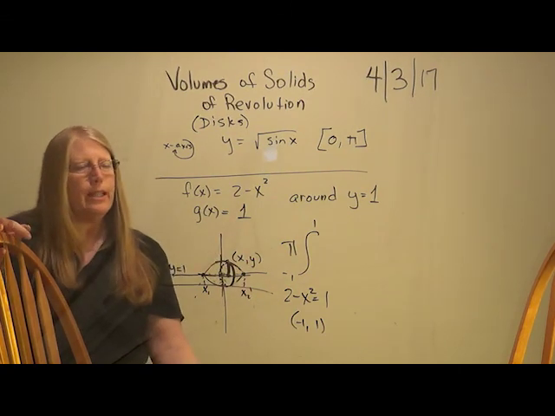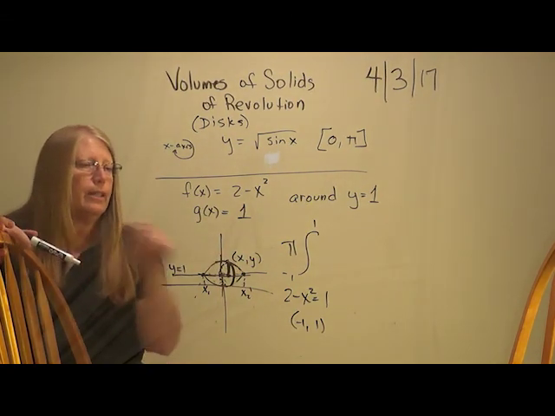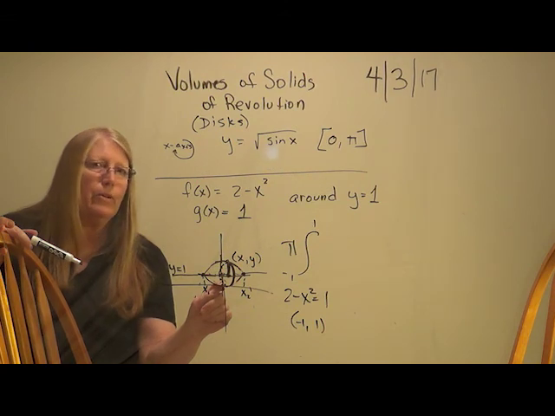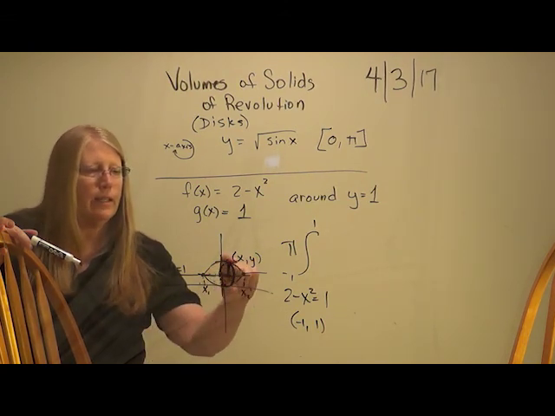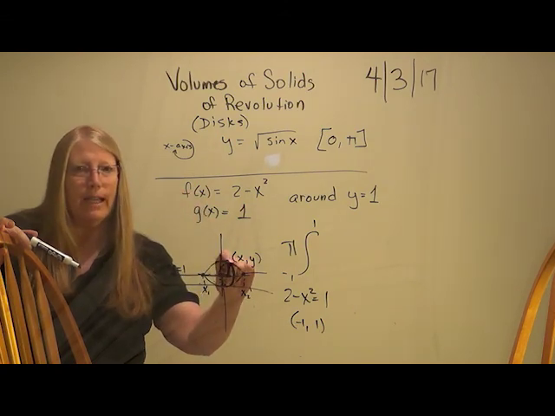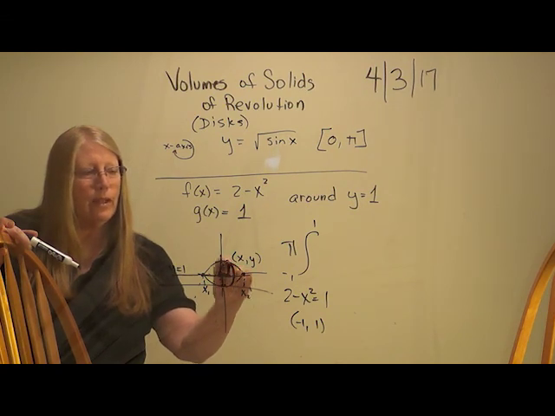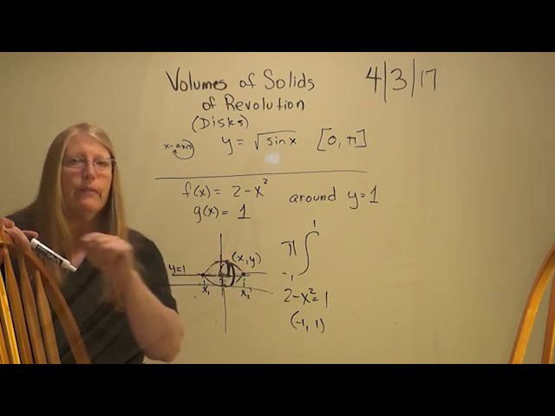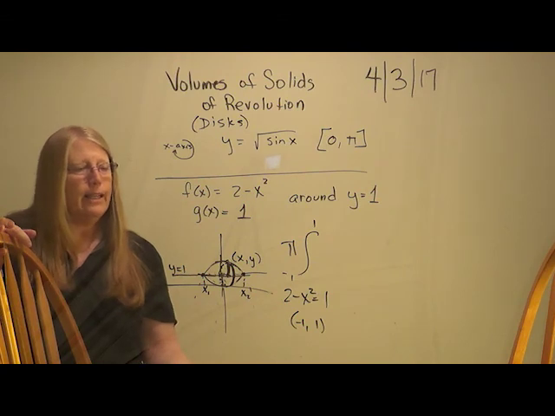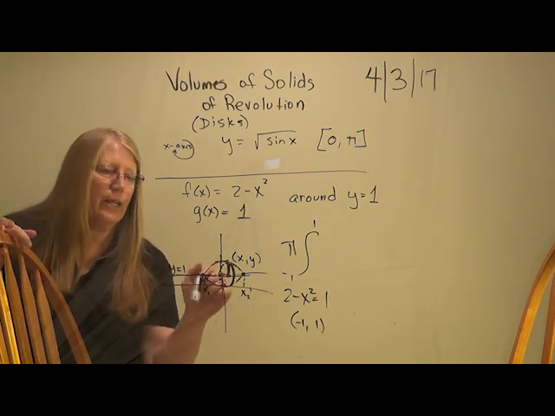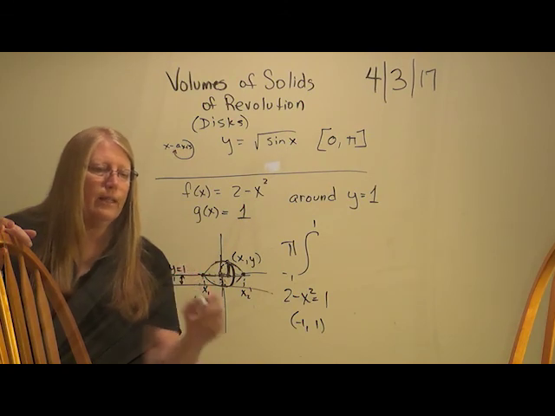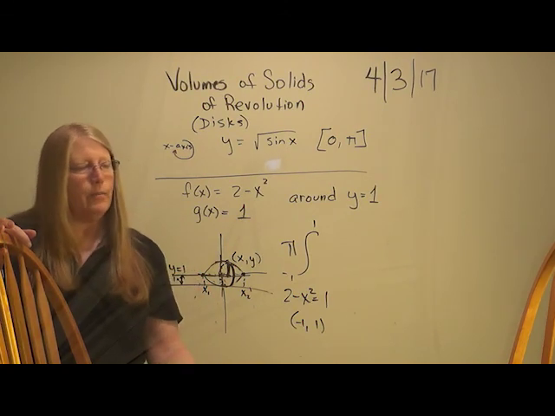So that's why I always say draw it. Because this value means from the origin I went over x and up y. This whole thing is y, and I only want a portion of that. How can I get from the y value to the real radius of the disk? This value from there to there is 1, because that's the line y equals 1.